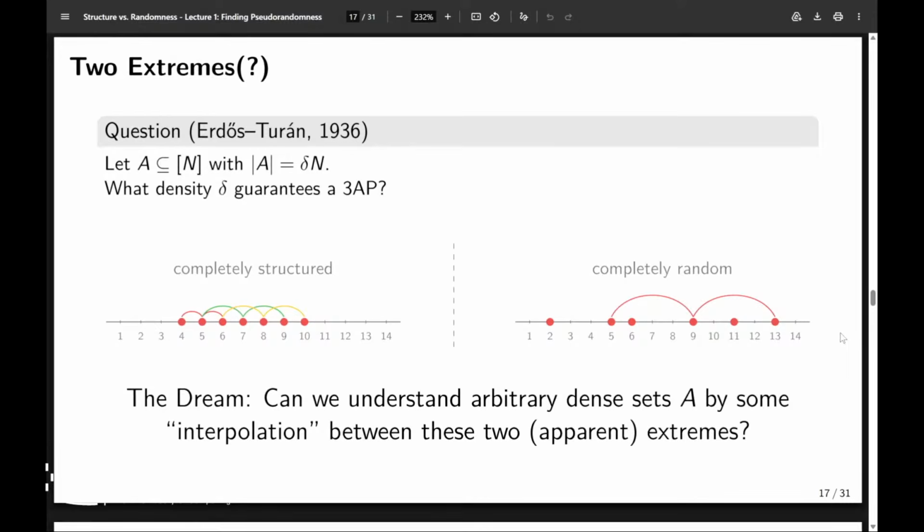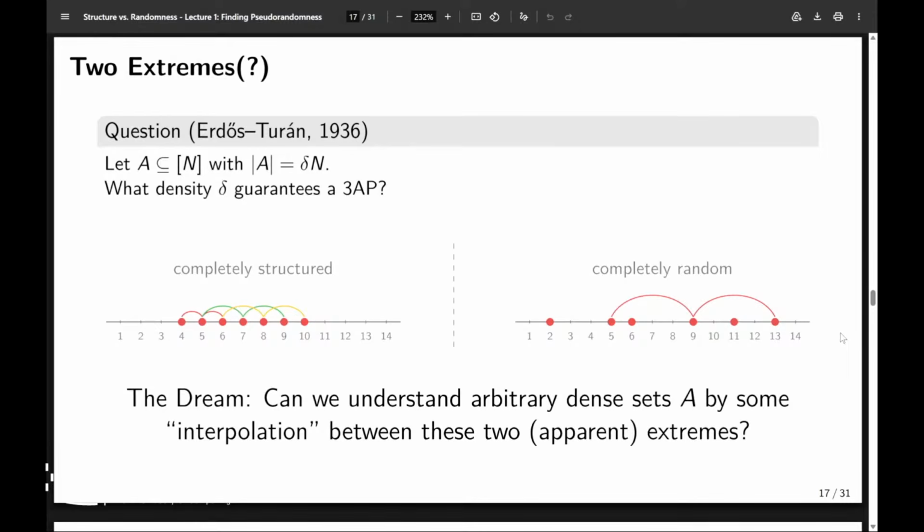And I wrote down here the dream, which should come across as fairly naive at this point. We have these 2 extreme cases, at least they seem extreme. One was the most structured thing we could think of, and one was actual random sets. We checked that both examples are fine. And then we're wondering whether there's some reason that we could just prove it for arbitrary dense sets by some interpolation argument. An interesting caveat is that it turns out to not be literally true.